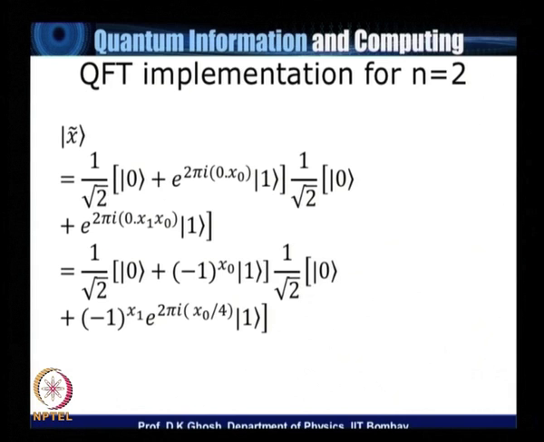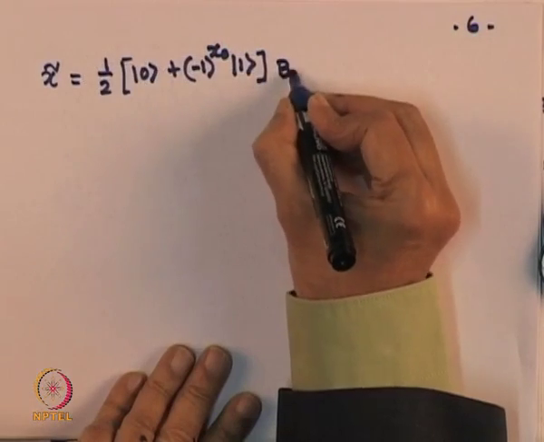The second one, if you refer to the slide again, it was this term here, 0 plus e to the power 2 pi I 0.x1 x0, which we had seen can be written like this. But you see, this is the controlled phase rotation. So what we will say is this is equal to B12 0.